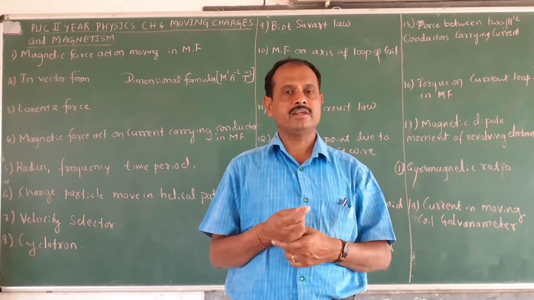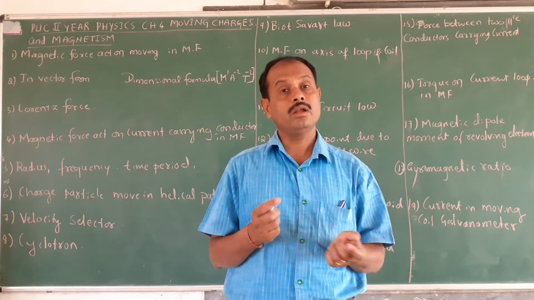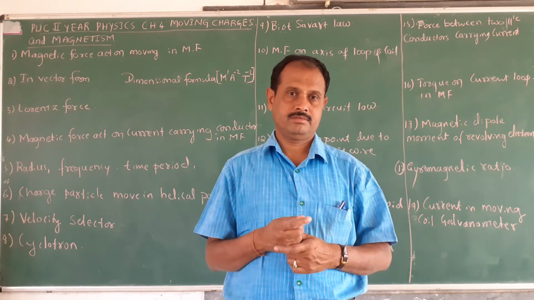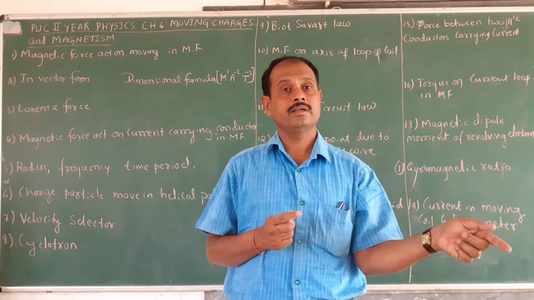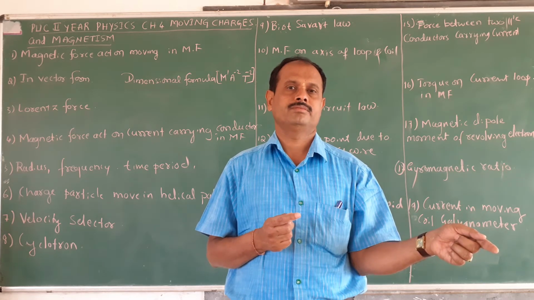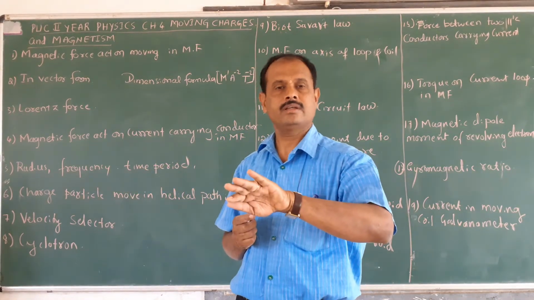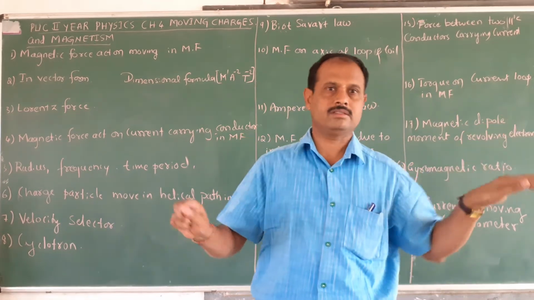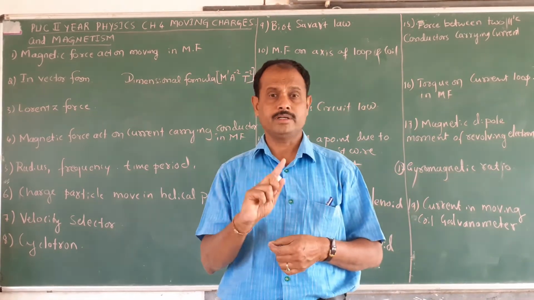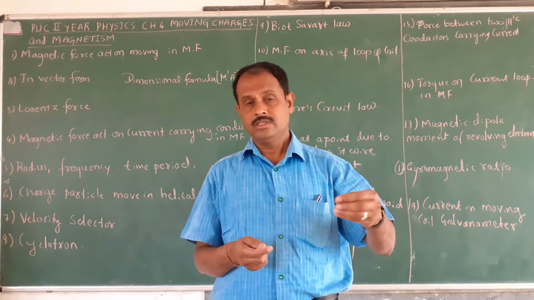In the case of magnetism, the magnetic poles are always pairs. Pairs is nothing but wherever you take the north pole, immediately there is a south pole. But in electrostatics, you can take positive charge and negative charge separately, isolated. But magnetic poles are not isolated poles. This is one difference.